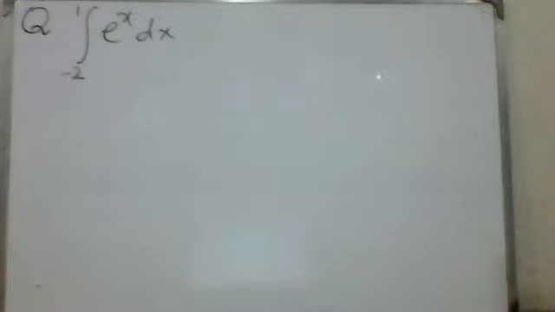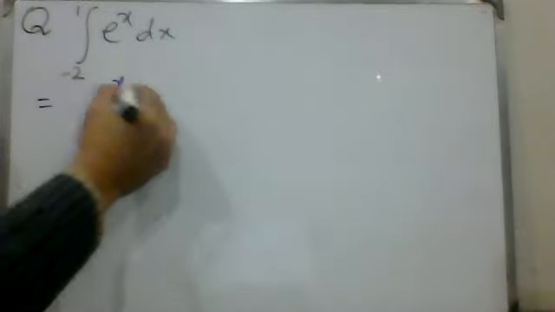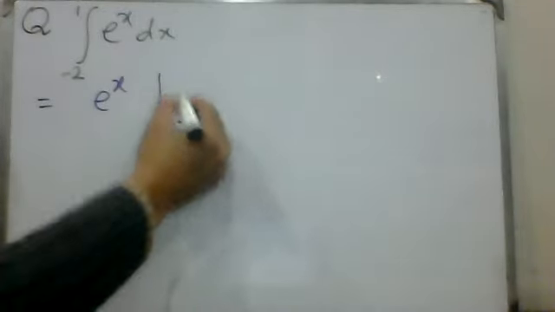That is our problem. Now what will be the integral of e power x? How can we integrate e power x? Shabash. The integral of e power x is e power x. Now here the limits are minus 2 and 1.